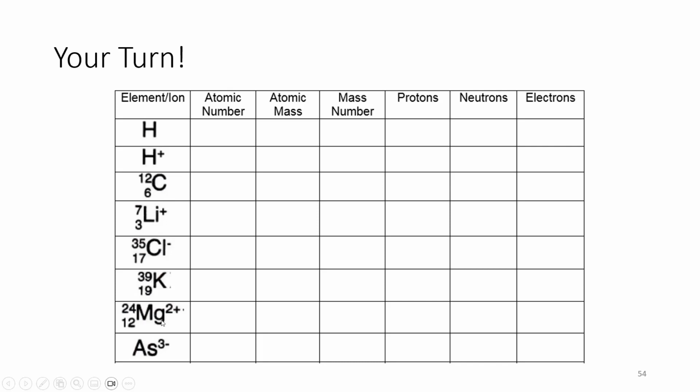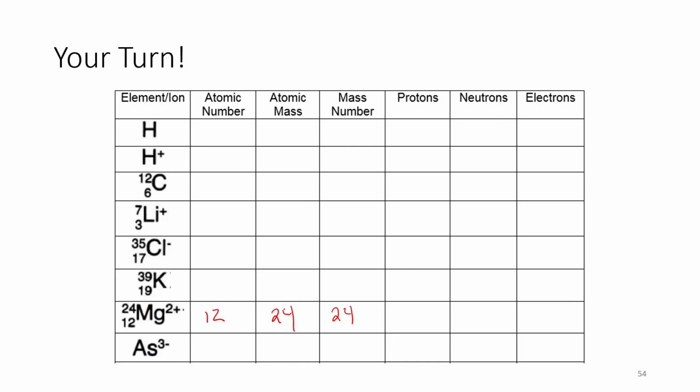So here we go. Magnesium. The atomic number is the number on the bottom, so that's 12. The atomic mass is the number on the top, so that's 24. The mass number is the same thing as the atomic mass, so we're going to put 24. Remember, the atomic mass is the calculated average mass on the periodic table.